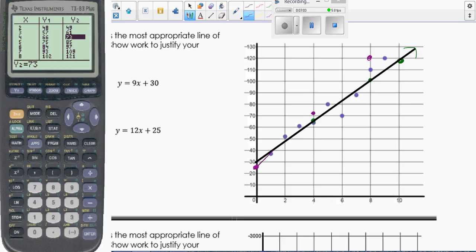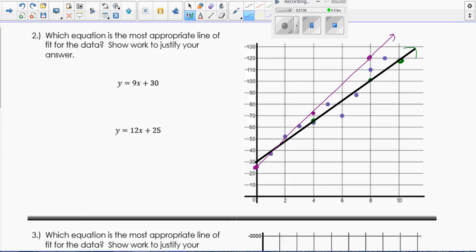It does go through the data, but through the data is not what we want. We want it to follow the data. So that means that first equation is a better fit for the data, and we're going to say follows the data better. Out of the two equations, that one's a better representation of the data.